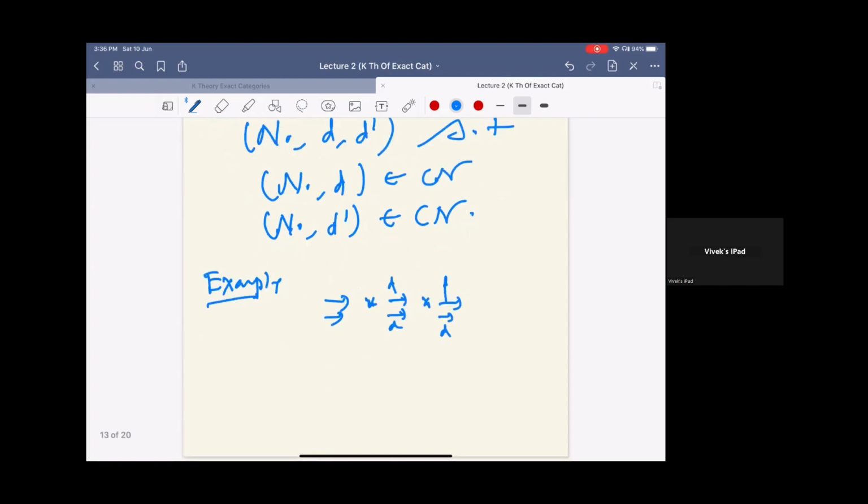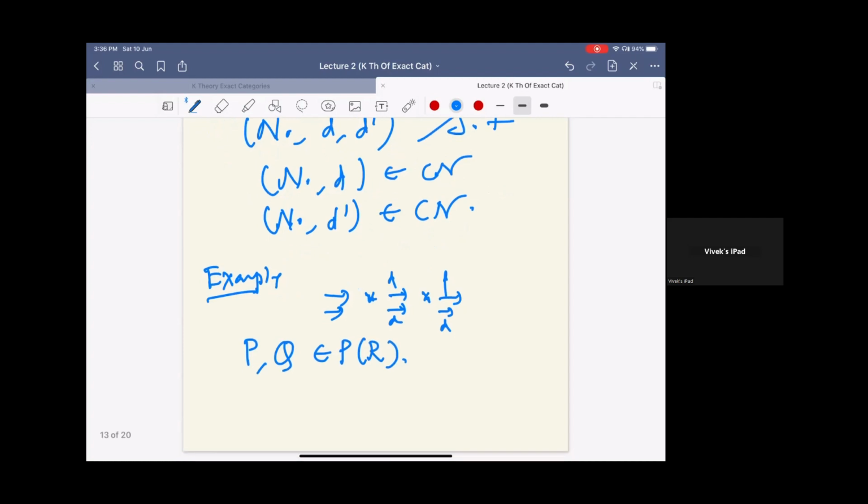Or take P and Q in the category of finitely generated projective R-modules, and suppose you have two isomorphisms alpha and beta between P and Q. This is a binary complex because you can think of it as a chain complex, since everything else is zero.